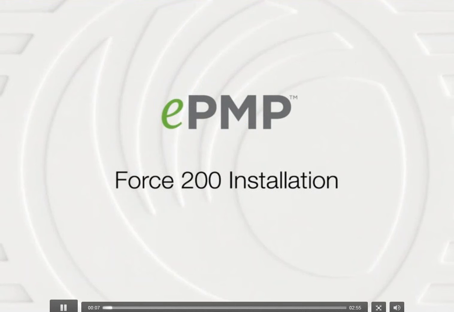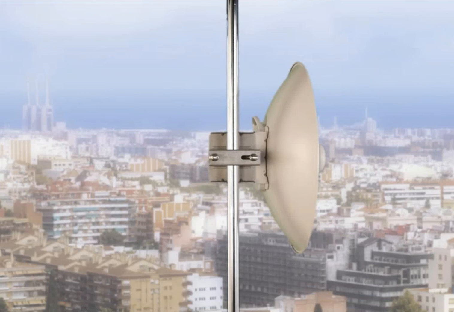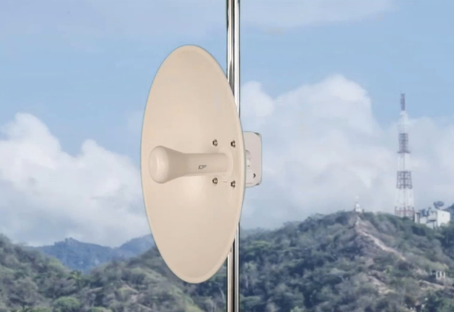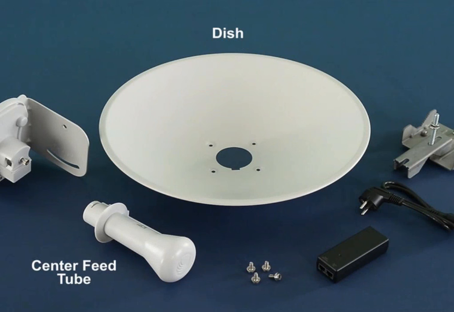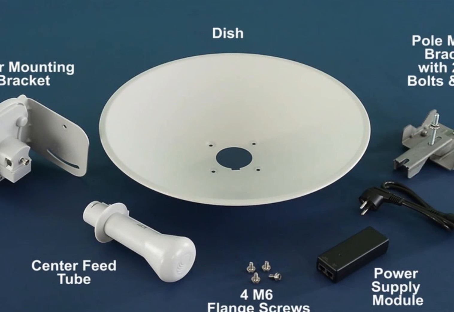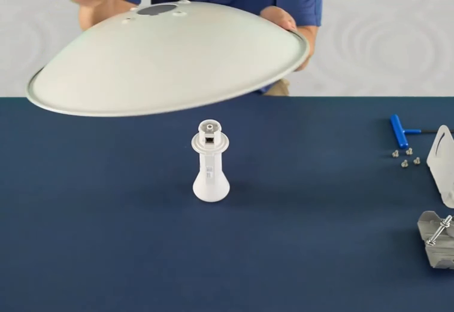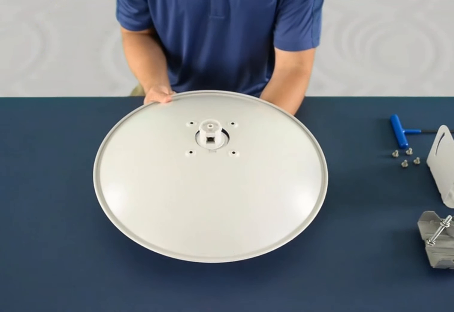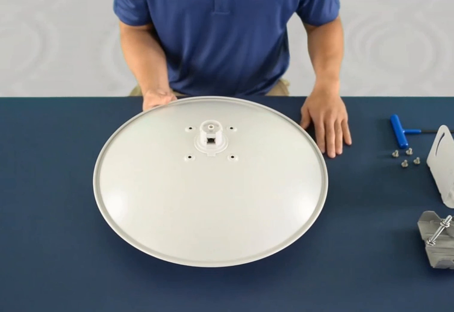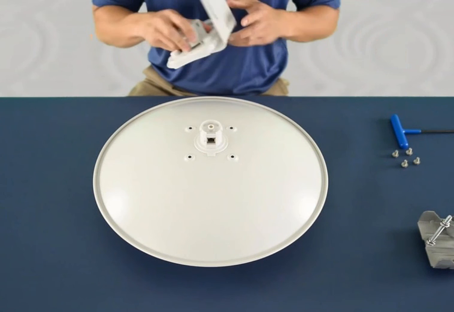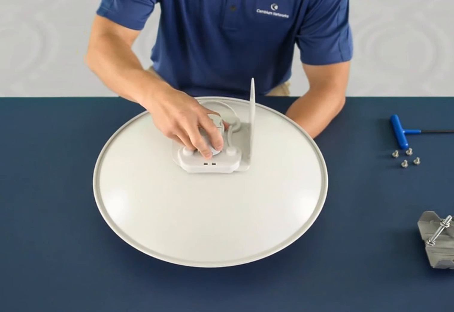Introducing Cambium Network's Force 200 series of wireless broadband solutions. This video demonstrates the installation of Force 200 equipment for optimal network deployment. Verify all parts and tools. Insert the center feed tube through the dish. Attach the rear mounting bracket to the dish and listen for 2 snaps.